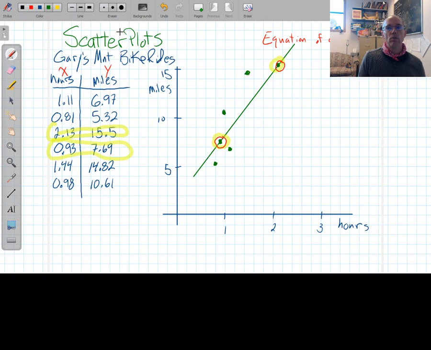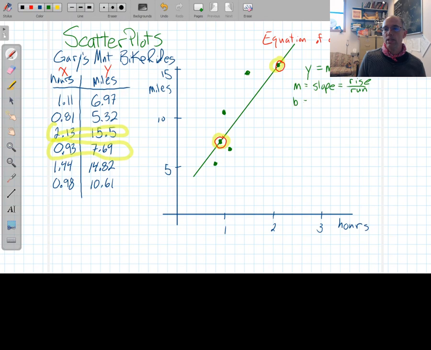The equation that we're going for is your standard equation of a line, y equals m times x, plus b. M is the slope, and slope is the rise over the run.